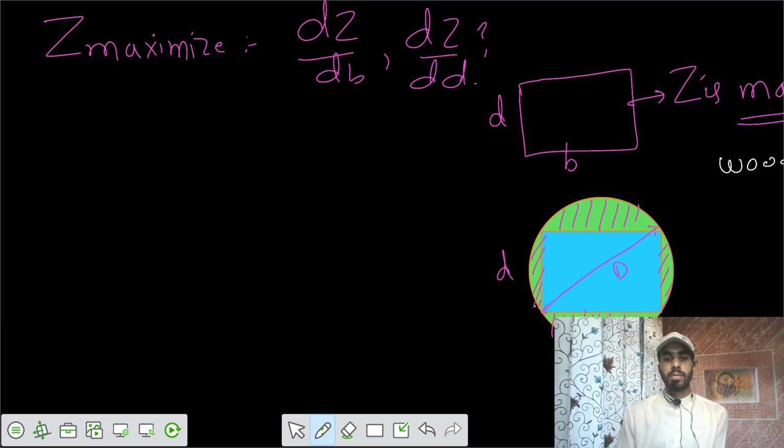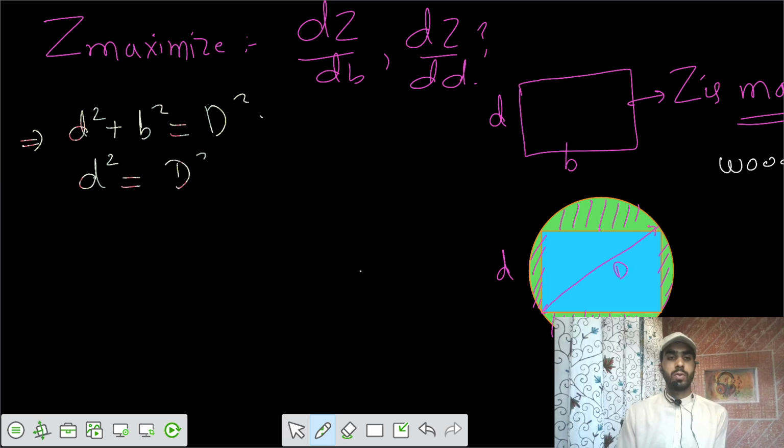Let's calculate that. We know that from the triangle we can say d square plus b square equals D square. Can we say that? Now if we take the value of d square in terms of D square minus b square, we got this one.